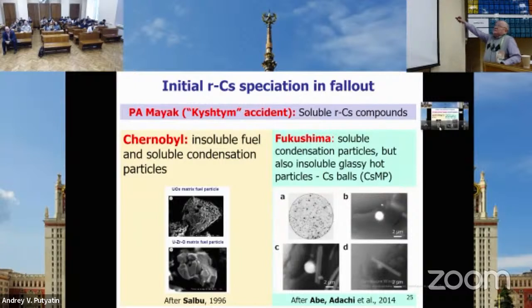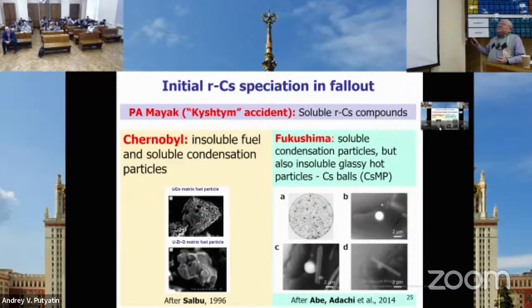These cesium balls are completely different from fuel particles. They don't contain any uranium dioxide, nuclear fuel, but they contain traces of reactor materials, including uranium, and there was even some information about finding plutonium in these particles.